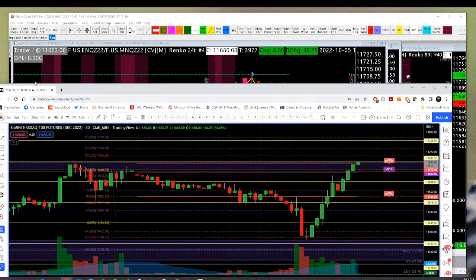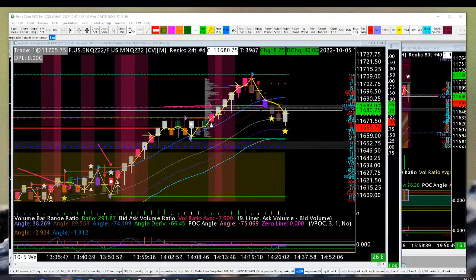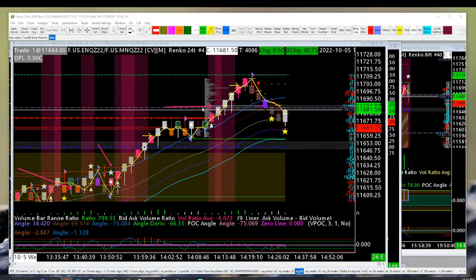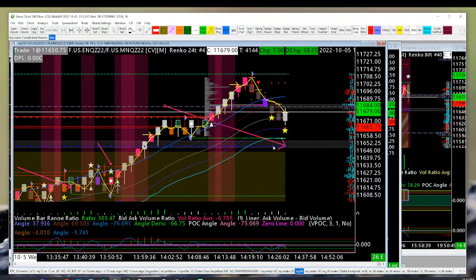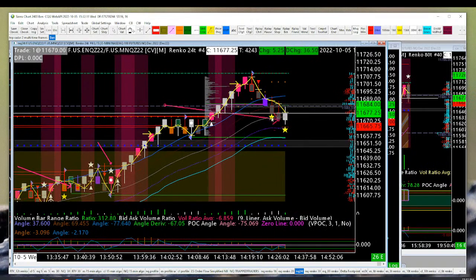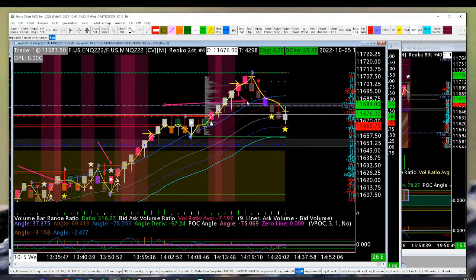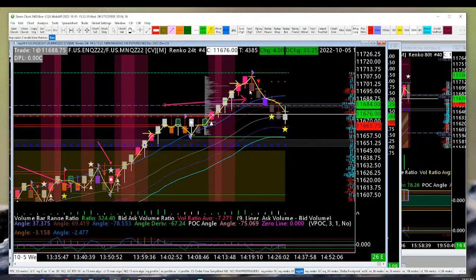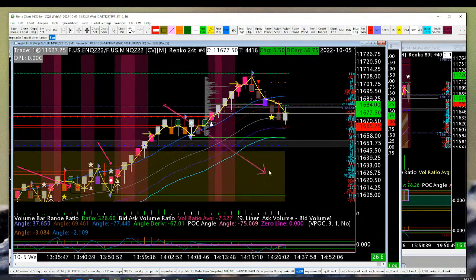I might say that I like this location for a short, but I need evidence that they have not only the conditions to get a rollover and the location, but also the firepower, and I don't see it yet. Does that mean that I miss out on shorting the top? Possibly, right? But it also means that I'm not going to short in the wrong spot very often.